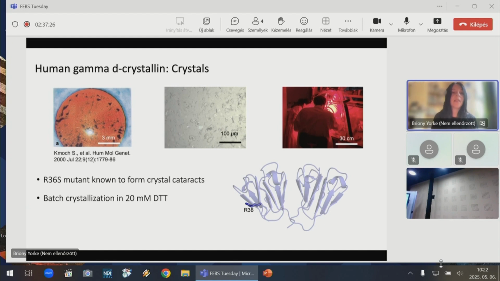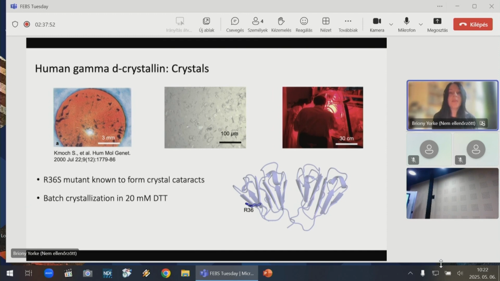So this is a crystallization mutant that causes crystal cataracts. And the mutation was actually determined by X-ray crystallography. The crystals were taken directly out of the eye lens, placed into the X-ray beam, and the structure was solved. And then that mutation was confirmed by genetic analysis.